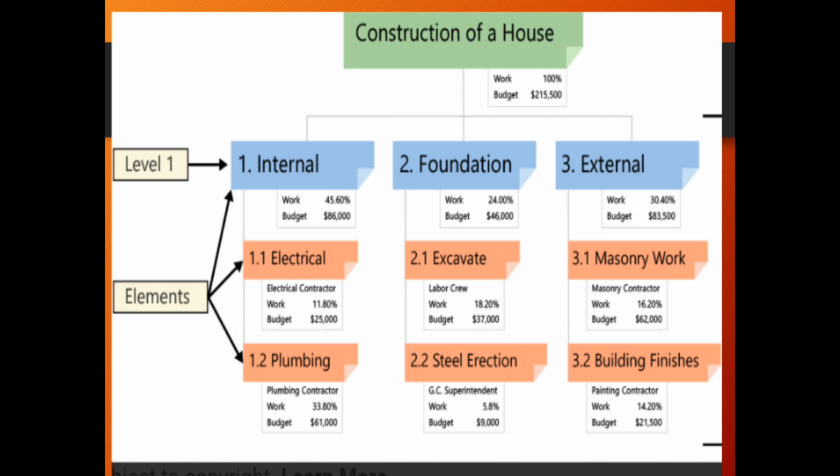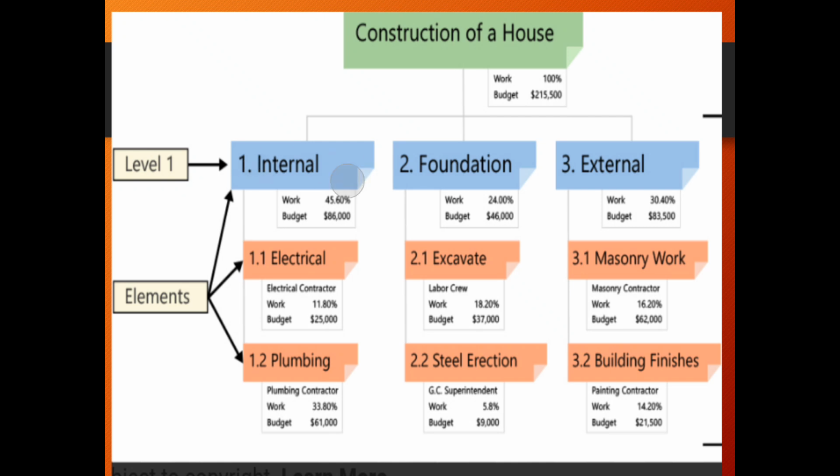We can see that on each small deliverable like electricity, the person who is going to be responsible is an electrical contractor. On plumbing, a plumber is the one who is going to be doing that.